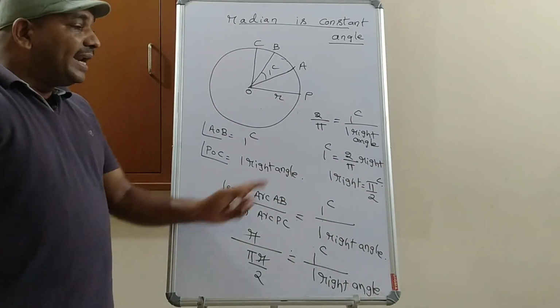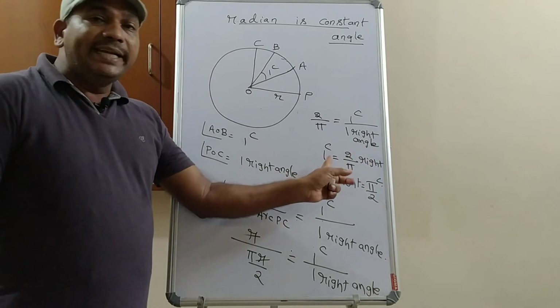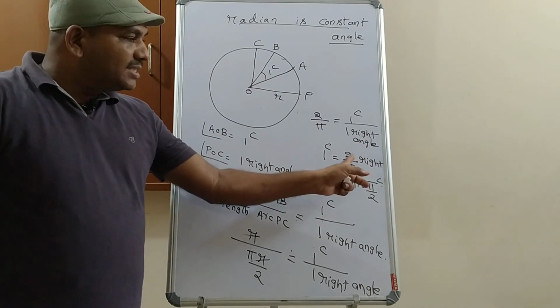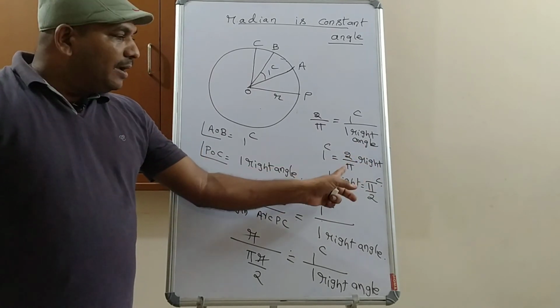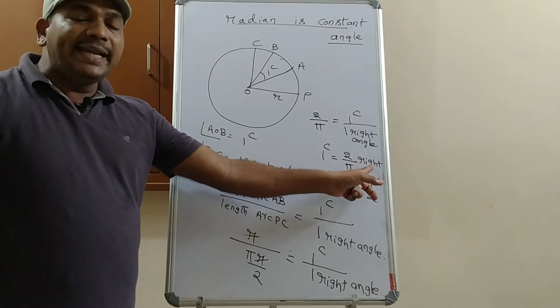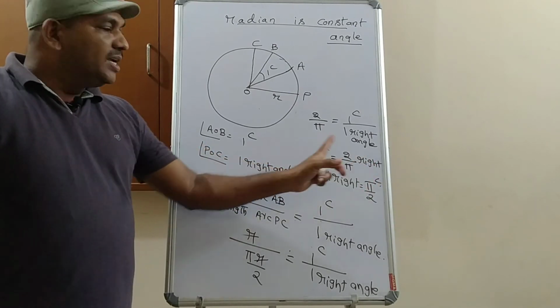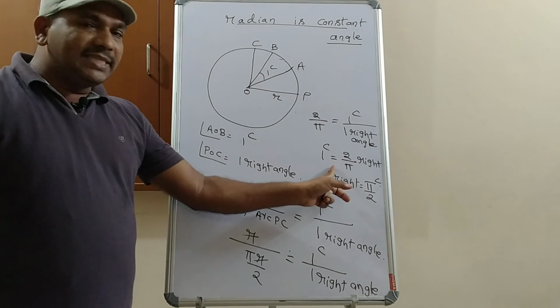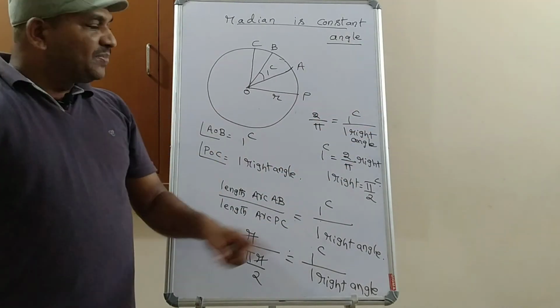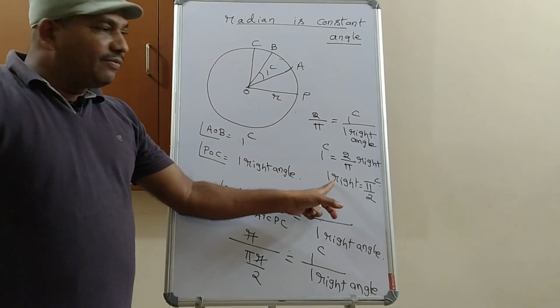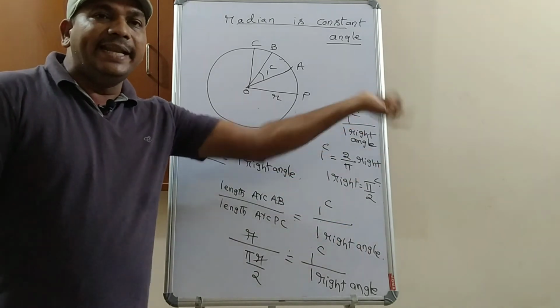So radian is a constant angle. Why? Because 2 is constant, pi is constant, right angle is constant. So 1 radian is a constant angle.